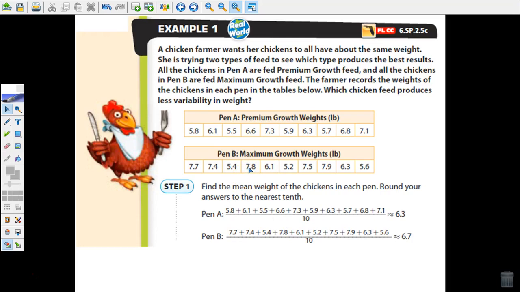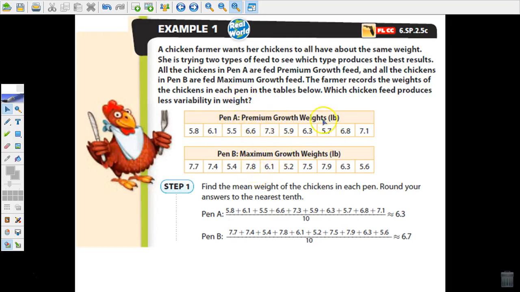She is trying 2 types of feed to see which type produces the best results. All the chickens in pen A are fed premium growth feed, and all the chickens in pen B are fed maximum growth feed. Okay? The farmer records the weights of the chickens in each pen in the tables below. Which chicken feed produces less variability in weight?